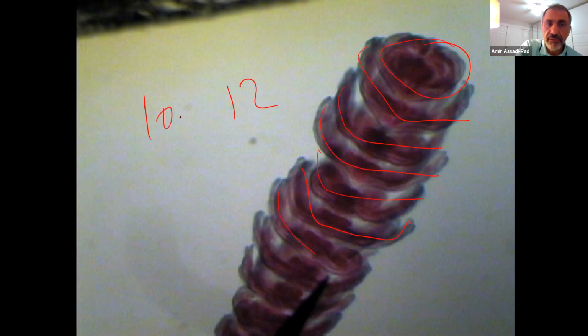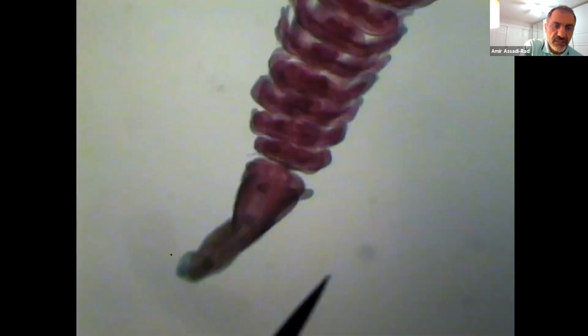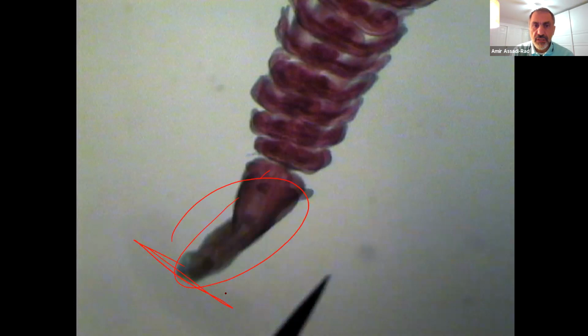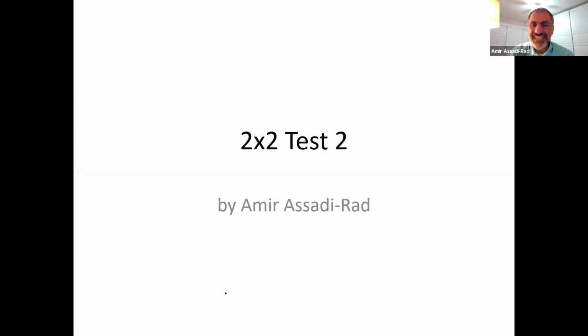The whole entire thing is the strobila. Each strobila has 10 to 12 ephyrae. And here this portion is the base of it, attached to the bottom of the ocean. These are marine animals.